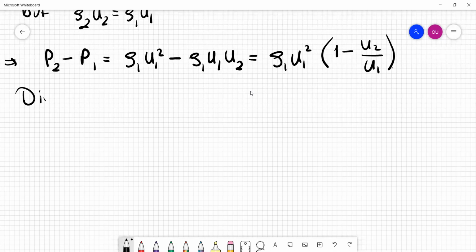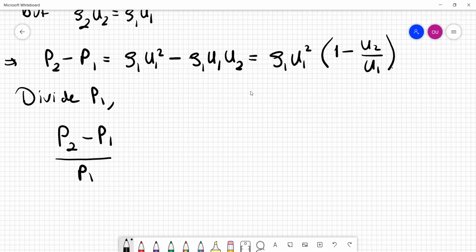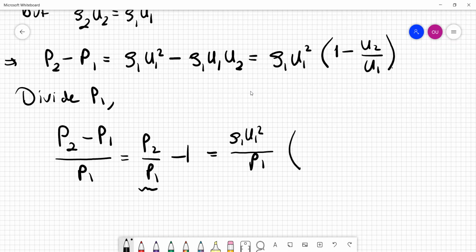Now I divide this by P1. On the left-hand side I see P2 minus P1 divided by P1, which is P2 over P1 minus 1. I want to see this ratio relating static pressures before and after the shock wave. That becomes rho 1 u1 square divided by P1 times (1 minus u2 over u1).